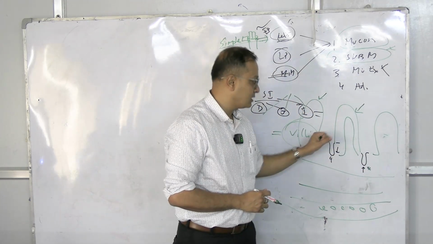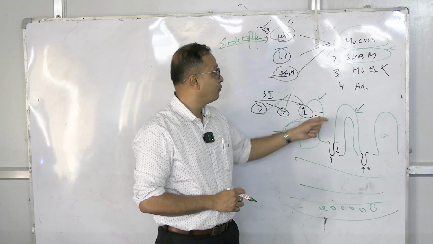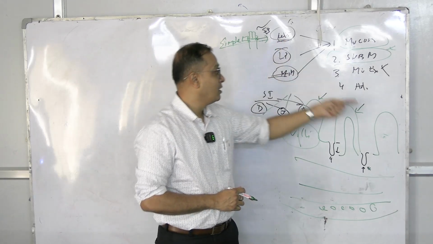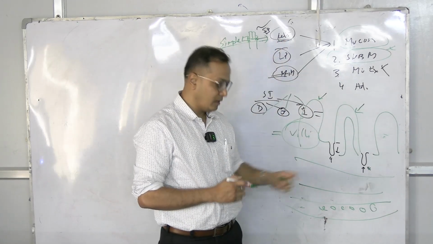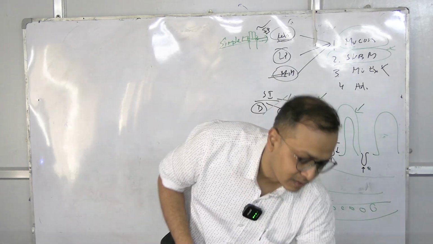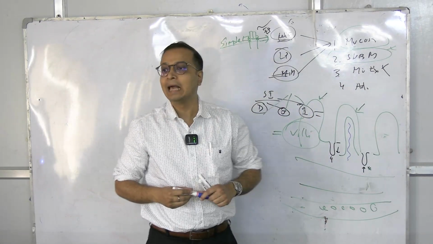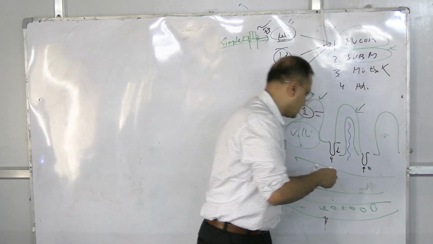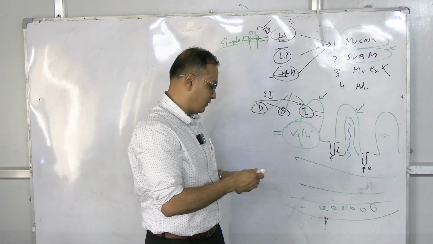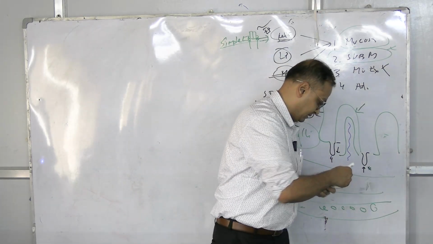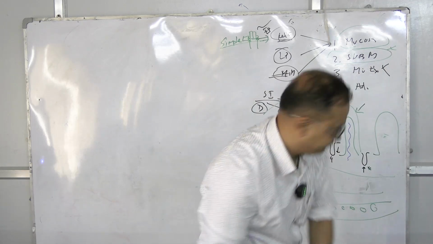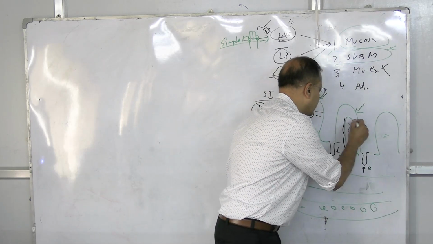Now, if you make a cross section of this lamina propria with the epithelial layer within the villi, inside we see a central core of lacteals, and we also see blood vessels present on the sides.